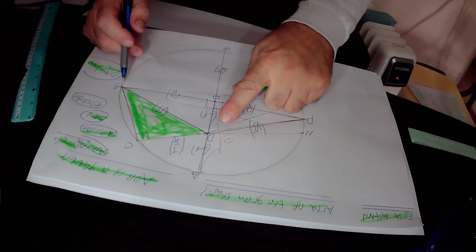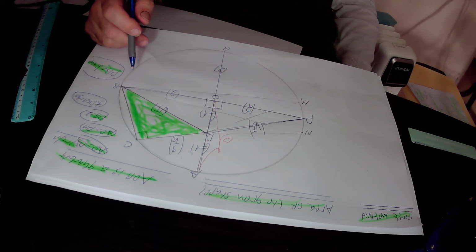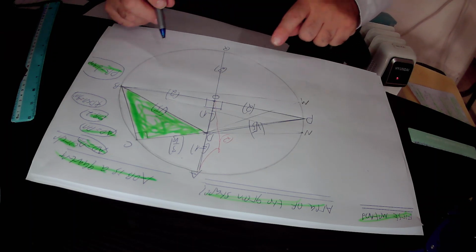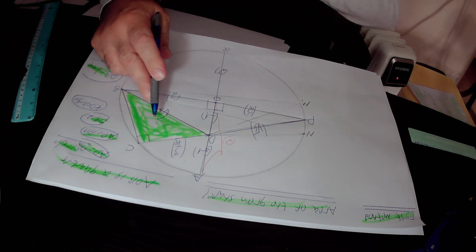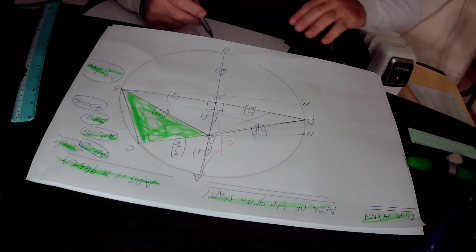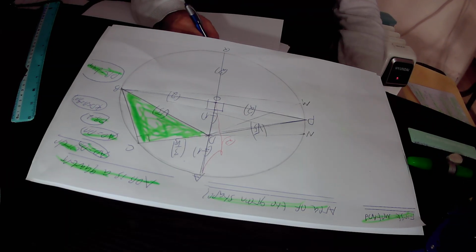DB is square root of 5, and therefore DB square is square root of 5 squared, that is 5. And it equals DC square. DC equals 3 over square root of 5, and therefore DC square equals 3 over square root of 5 squared, that is 9/5.